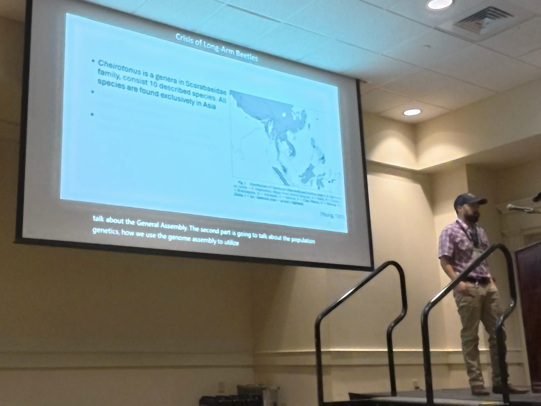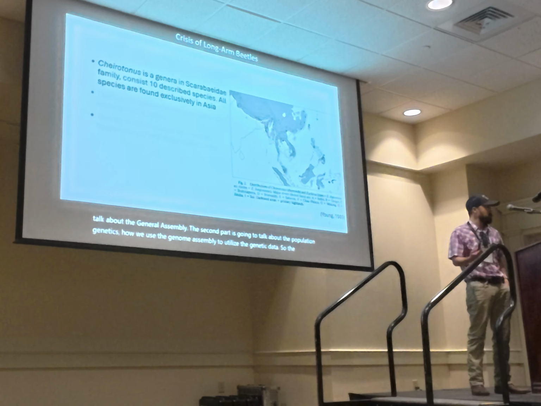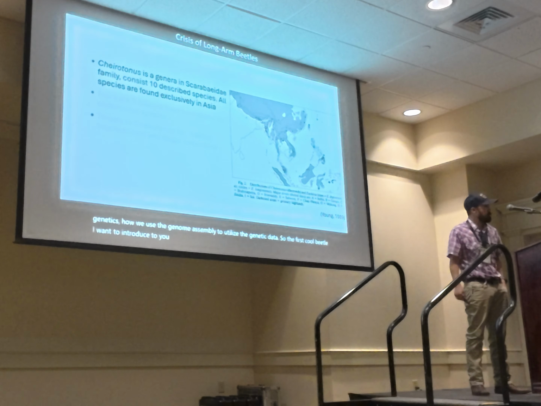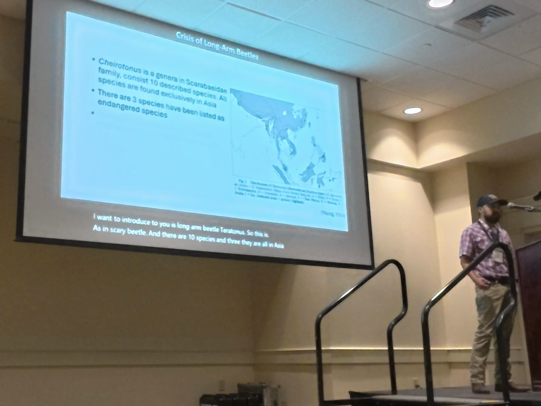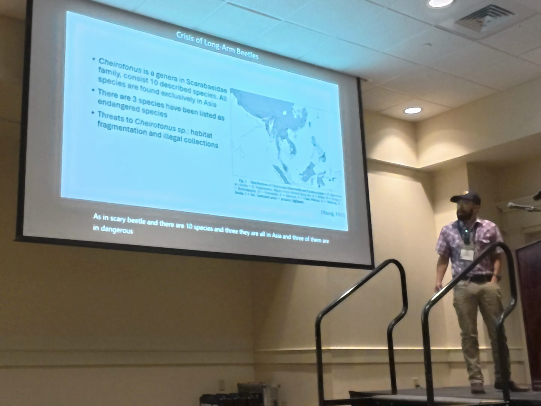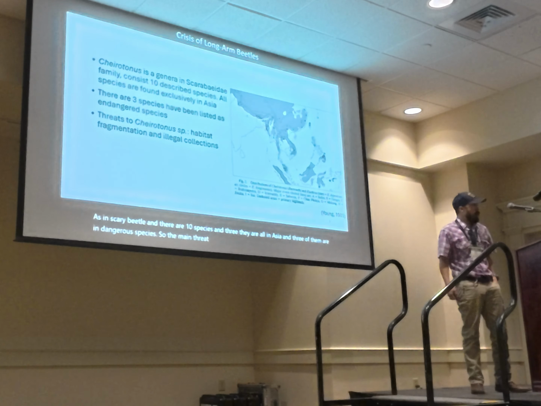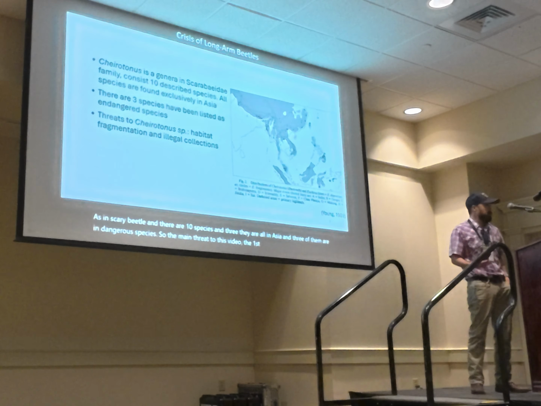The first cool beetle I want to introduce to you is a long-arm beetle, Cheirotonus. This is a genus in scarab beetles. There are 10 species, all in Asia, and 3 of them are endangered. The main threat to these beetles is, first, habitat loss, because their main habitat is highland forest.